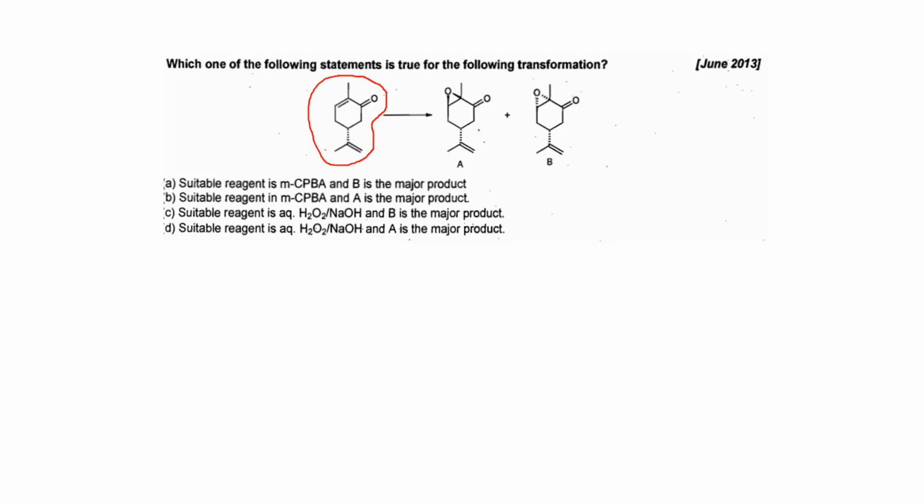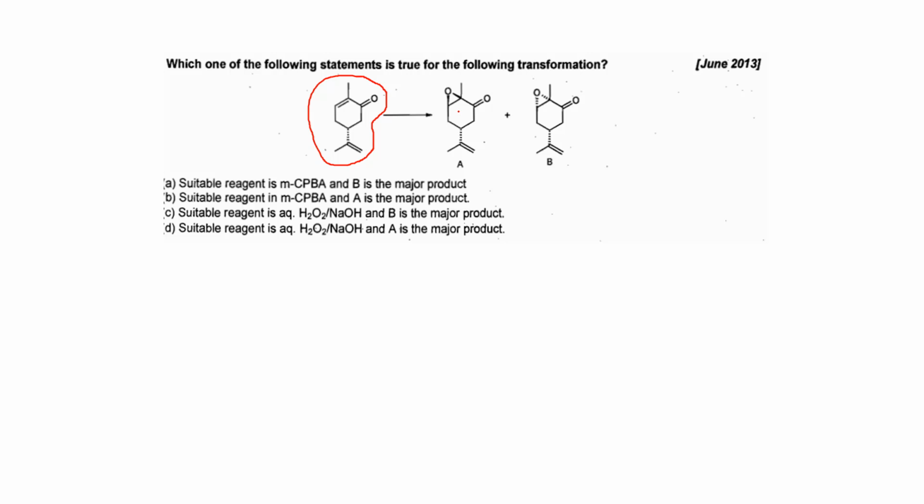As the reaction is epoxidation of an alpha beta unsaturated double bond, in the last class I have already told, whenever there is epoxidation of an alpha beta unsaturated double bond, that is an electron deficient double bond, the reagent will be hydrogen peroxide.